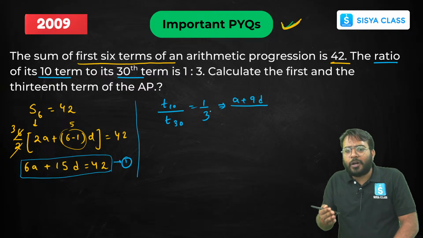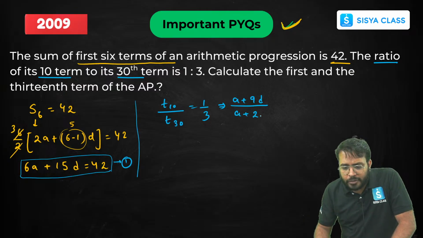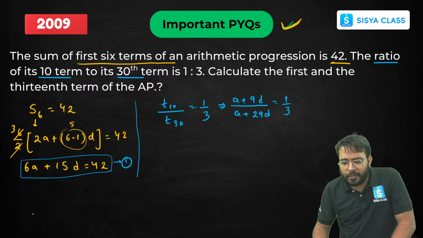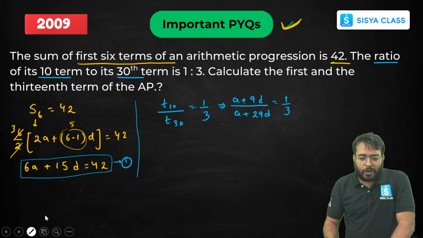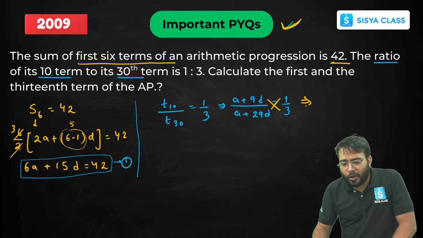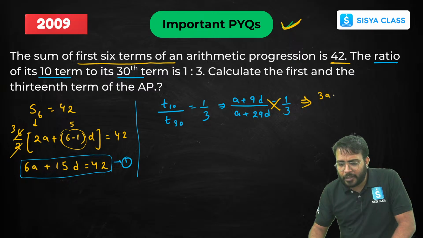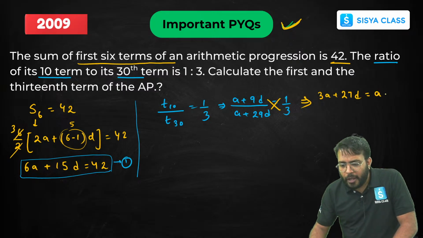And T30 means a plus 29d, is equal to 1/3. From here we are going to get one more equation in a and d. By cross multiplication you will get 3a plus 27d is equal to a plus 29d, all right?